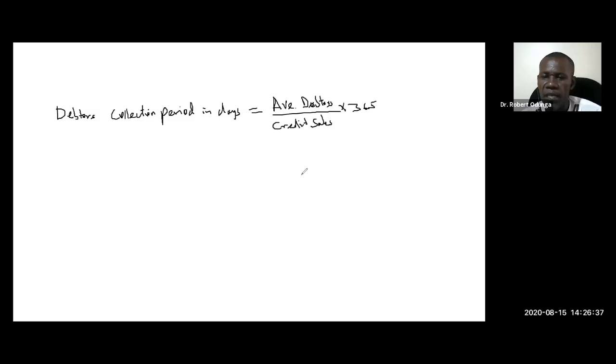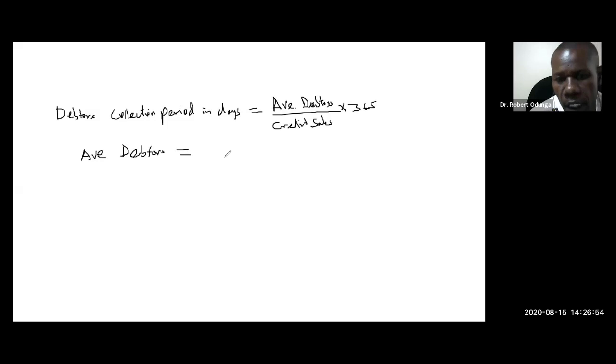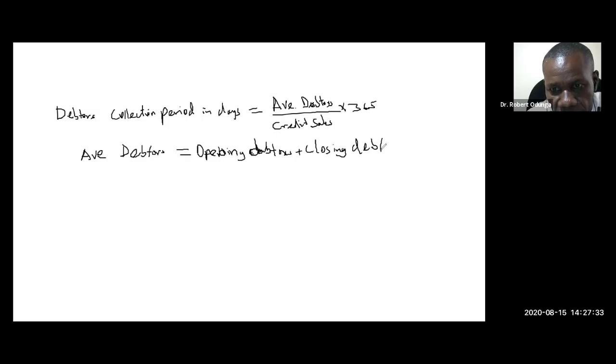And then the average debtors, we determine average debtors by, so average debtors is equal to opening debtors plus closing debtors divided by 2.